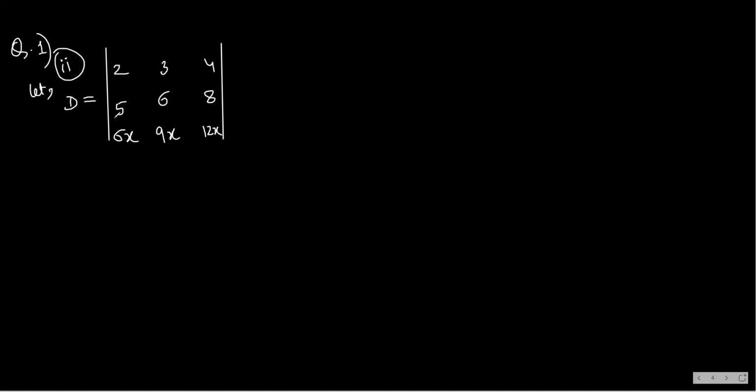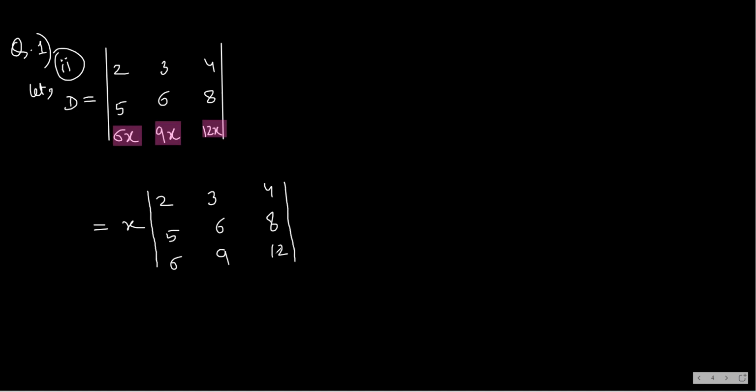Students, I notice that in the elements of R3, I have x common. So can I take x out? Yes. So I take x out, and when I do that, I get 2, 3, 4, 5, 6, 8, and 6, 9, 12. I still have something common in R3. And what is that?